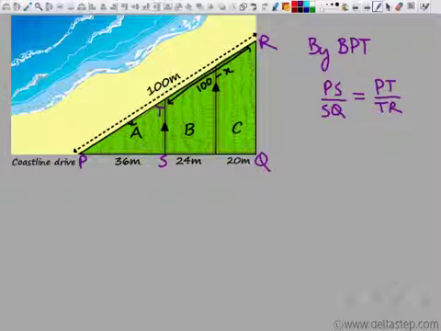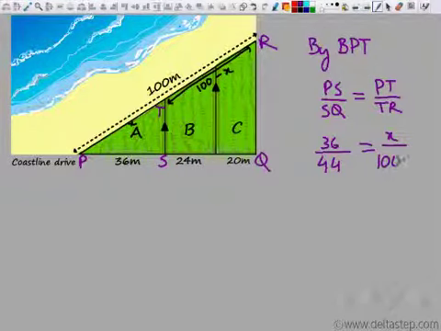Now if I substitute the values, I know PS is 36, SQ is 24 plus 20, 44, PT is X, and TR is 100 minus X, because we know PR is 100. Now solving this, what do I get?